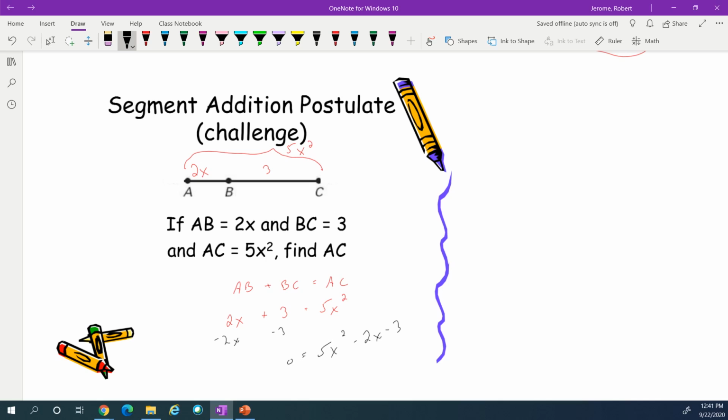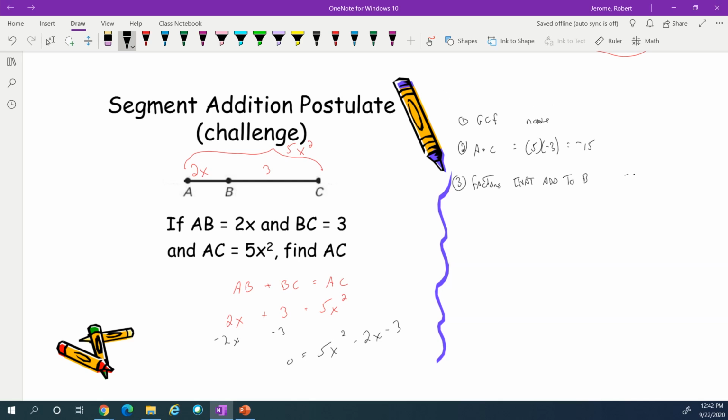So remember from our algebra review, GCF first. Well, there is none. 2, I'm going to do A times C. So that's 5 times negative 3 for negative 15. Third, I need the factors that add to B. So what multiplies to negative 15 and adds to a negative 2?